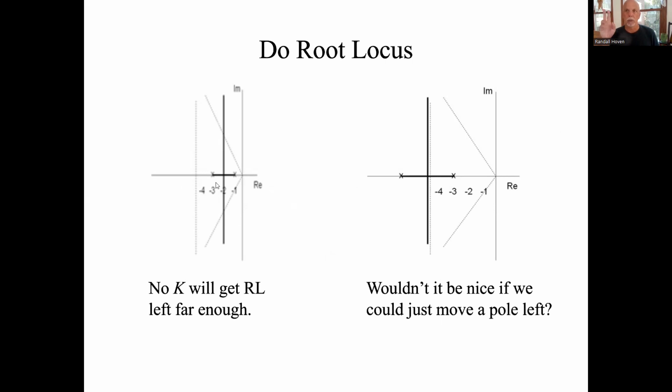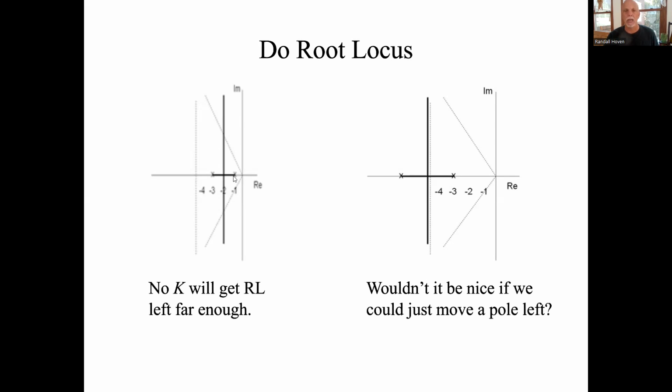There's 2 poles, no zeros, which means the asymptotes go strictly on a vertical line, straight up and straight down, and the asymptotes will be centered at the average, which is -2. As K increases, it's always going to stay in this darker line here. That's the root locus. It's never going to get far enough over.